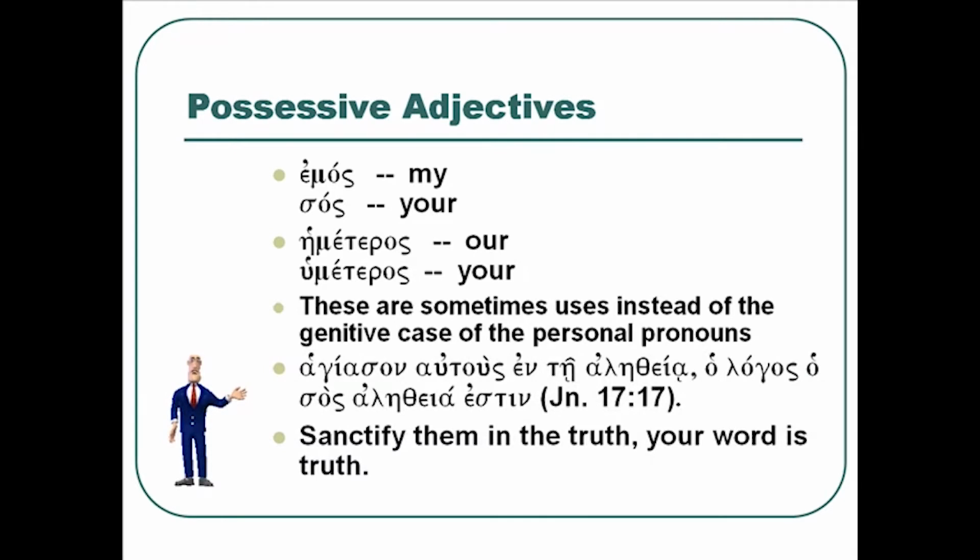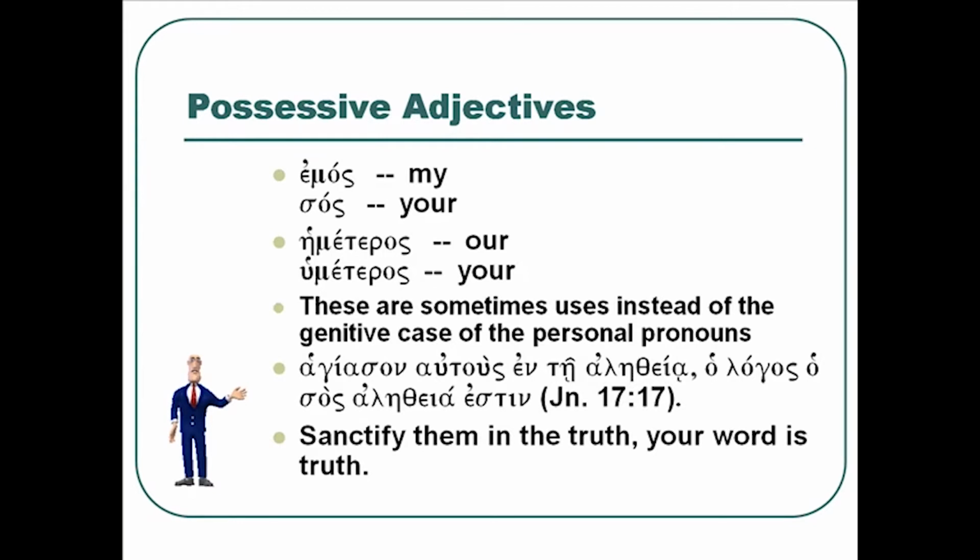An example of this can be found in John 17:17. Hagiason autous en te aletheia, ho logos ho sos aletheia estin. And it's translated: sanctify, hagiason, the imperative form there, you sanctify them, autous, in the truth, en te aletheia. Your word, ho logos ho sos.